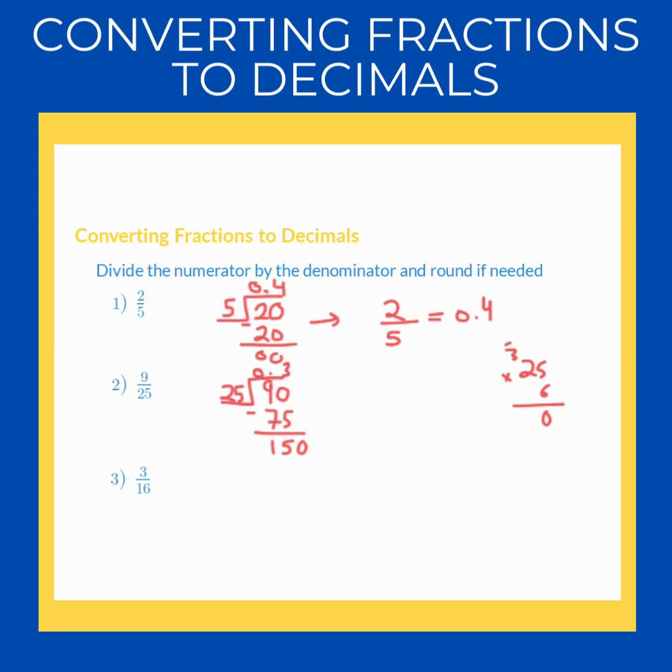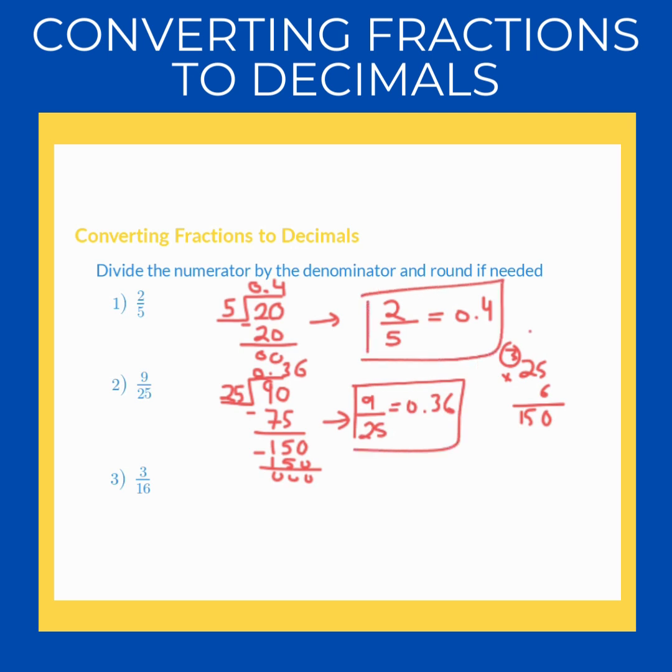I carry the 3 to the tens place. 6 times 2 is 12, plus 3 is 15. So 6 times 25 is 150. Now I can subtract and get 0. So 9 over 25 is the same as 0.36.